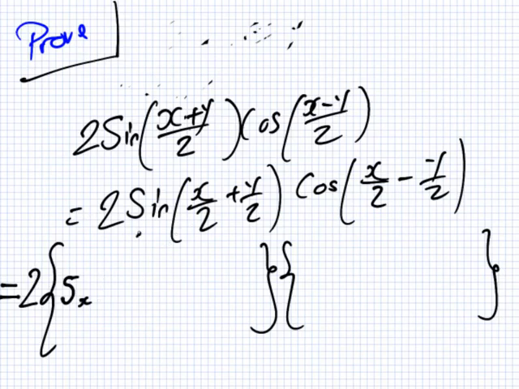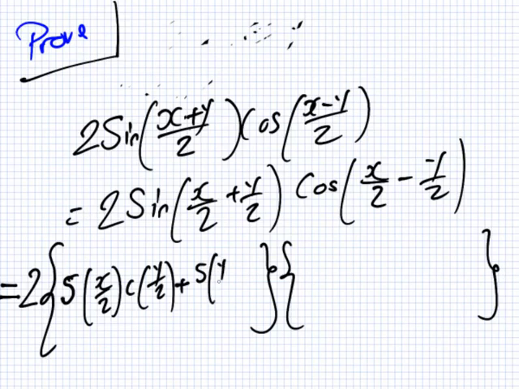What's the formula for sine a plus b? Sine a cos b. I'll just write s for sine. Sine a cos b, sine b cos a. And then this one here is cos a minus b.